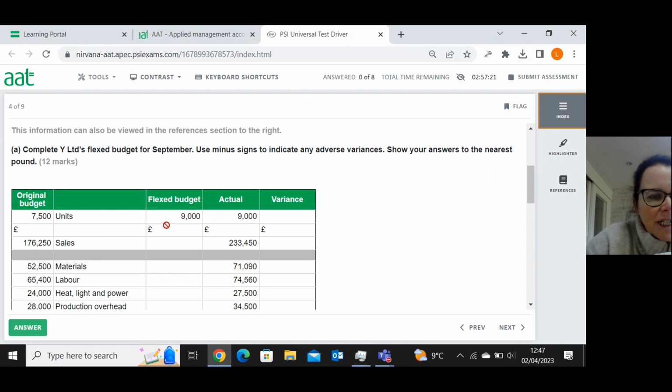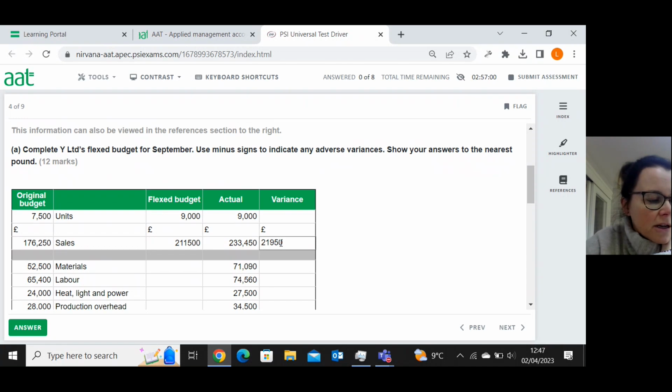Right, so flexing the budget for sales, we do 176,250 divide by 7,500 times by the 9,000 units that we've actually produced. That will give us a sales variance, just the difference between those two numbers.